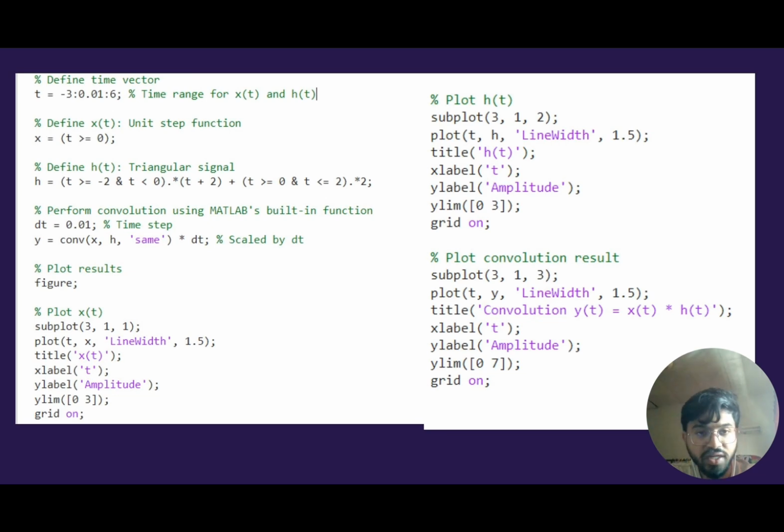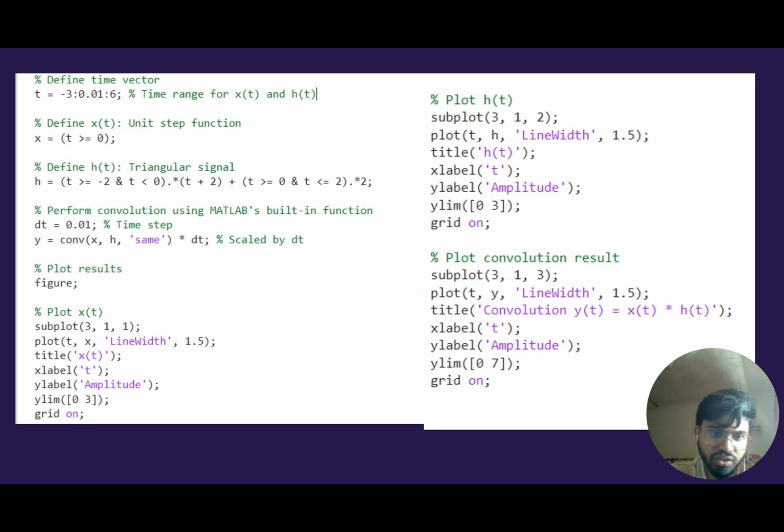First, we define the time vector t ranging from -6 to 6 with a step size of 0.01 for x(t) and h(t). x(t) we define as a unit step function, and h(t) as a piecewise defined triangular signal.